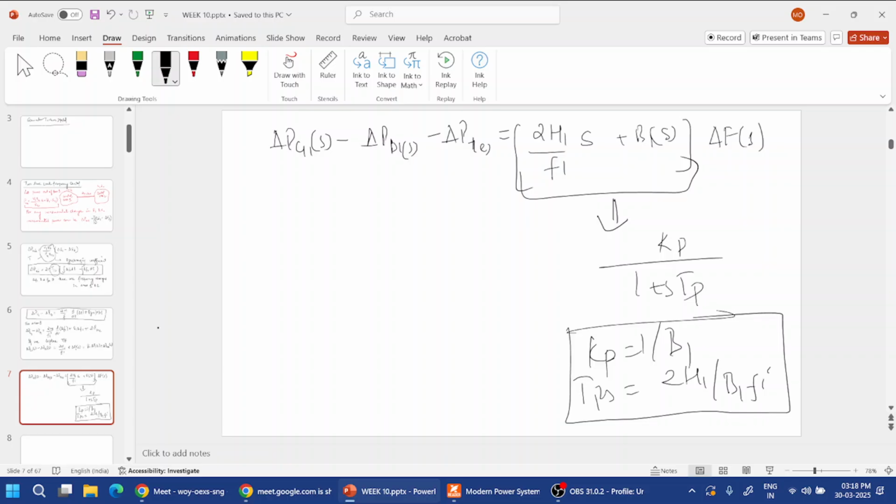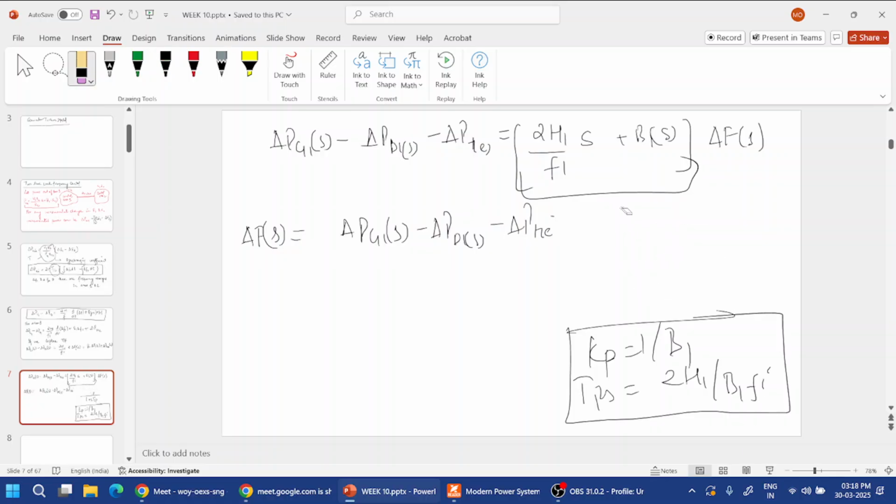So if we rearrange this, del F(s) will become equal to del Pg1(s) minus del PD1(s) minus del P tie, multiplied by that function, Kp1 upon 1 plus sTp1. Obviously Kp1 is equal to 1 upon B1, and Tp1 is 2H1 upon B1f.